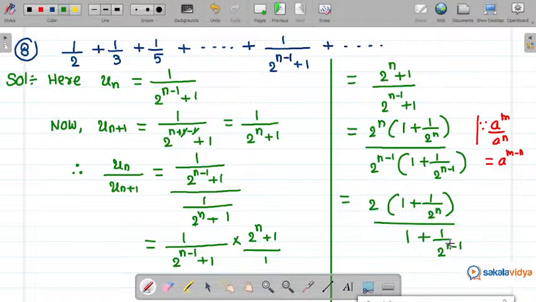Now, what is the next step we need to do? We need to apply the D'Alembert ratio test.